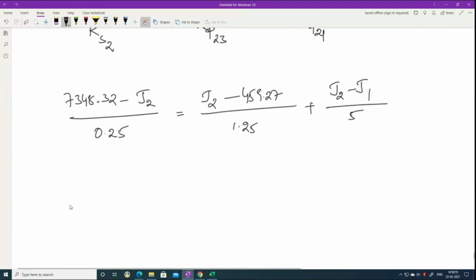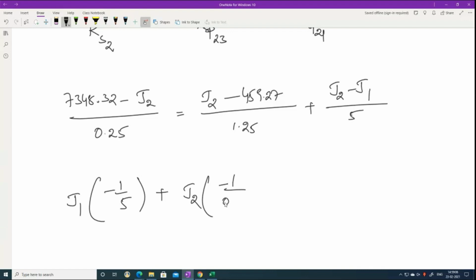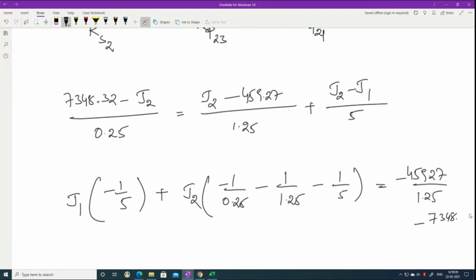Again, you have to take J1 common. This side minus 1 by 5 for J1, plus J2 into (minus 1 by 0.25, minus 1 by 1.25, minus 1 by 5), is equal to minus 459.27 by 1.25 minus 7348.32 by 0.25.